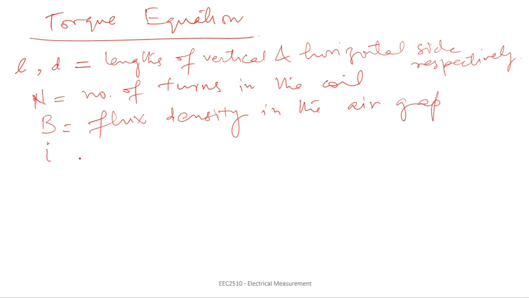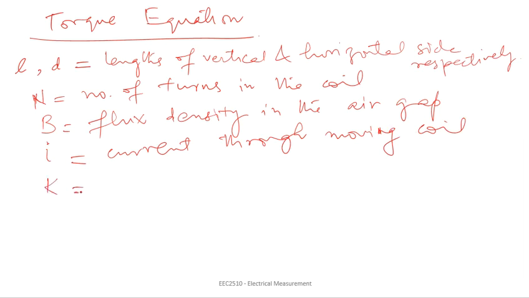I is the current through the moving coil. The coil is also called the moving coil. Obviously, since it deflects, we can also call it the moving coil, or simply the coil.